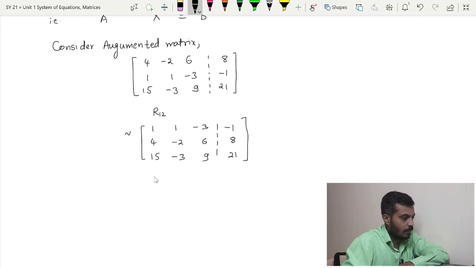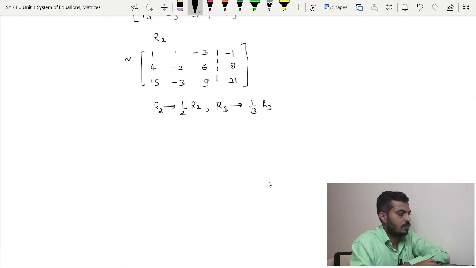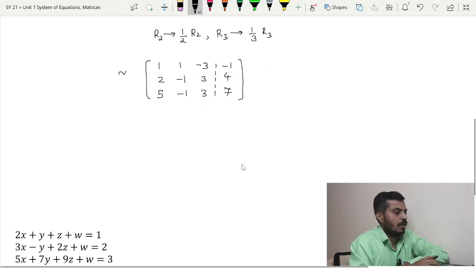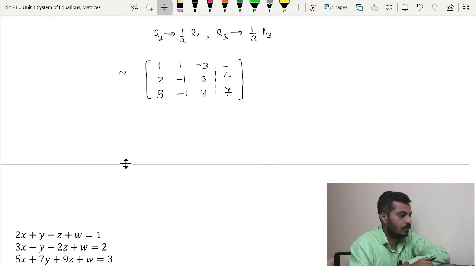So on R2 we will perform 1 upon 2 R2, and on R3 we will perform 1 upon 3 R3. This will be equivalent to, now again I will circle the leading coefficients here.